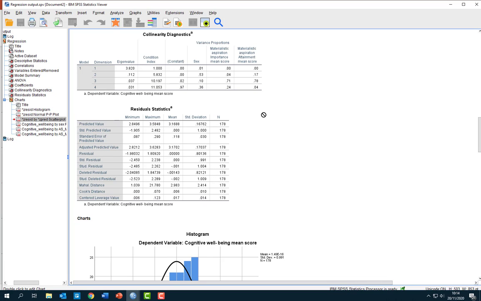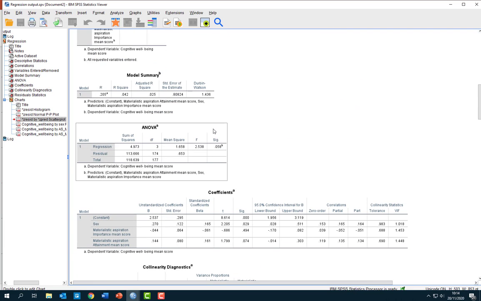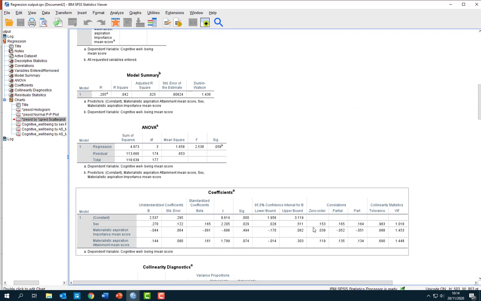There are some really good blogs, like Statistics How To or The Analysis Factor, that talk through when you would want to mean center and when you don't want to mean center your variables. Those links are provided in your regression lecture. So have a look now at your actual results for the regression and see what you think about it, and then watch the video where we talk through the interpretation of the regression again. Thank you.